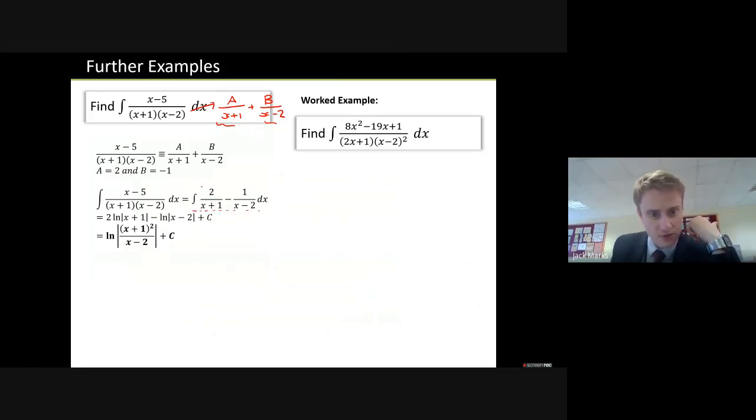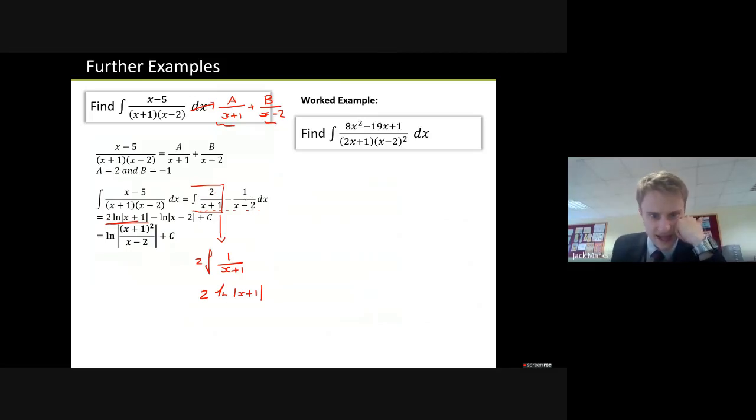If you have a 2, my advice would be to pull the 2 out and do the integral of 2 times 1 over x plus 1. It's a bit easier to handle. So the 2 sits out the front, then you get the natural log. That's how I would integrate to get that result on the first piece.